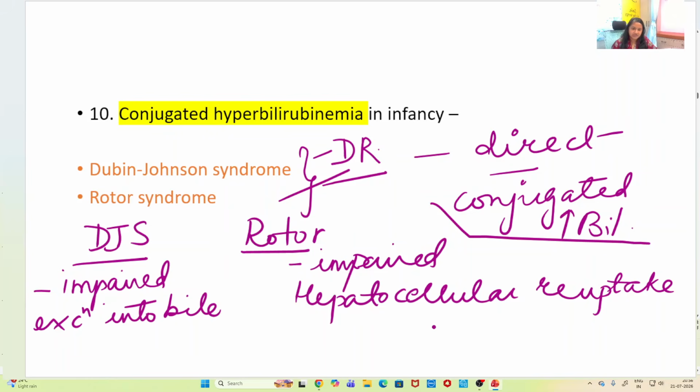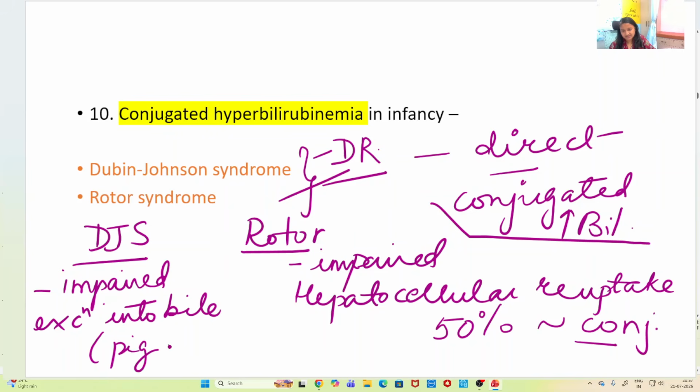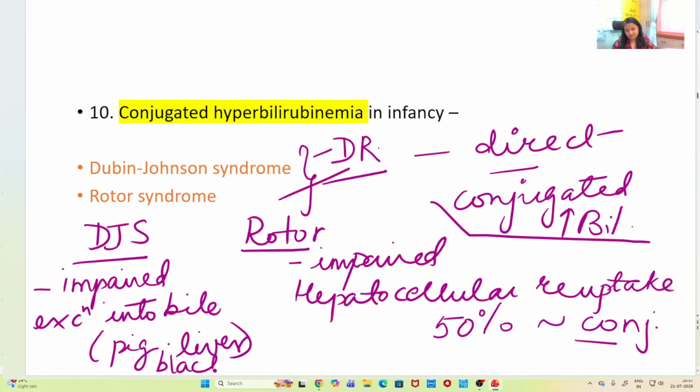Okay, and usually in Rotor syndrome you will have nearly 50% of the bilirubin as conjugated bilirubin, and usually this is harmless. The other thing, DJS is a pigmented liver. So you will see that the liver may be black. So if the question says that the liver is pigmented or the liver was black, and all the other things match conjugated hyperbilirubinemia, it has to point towards Dubin-Johnson syndrome.